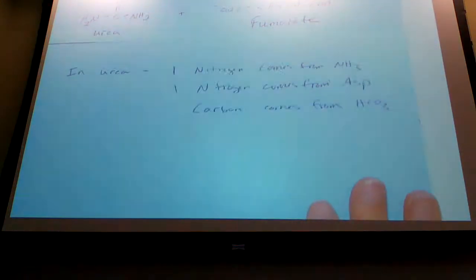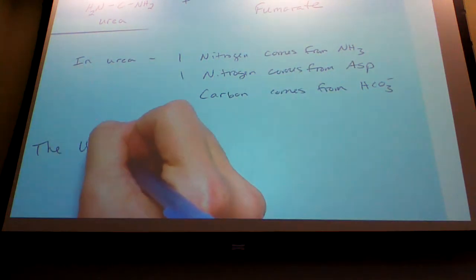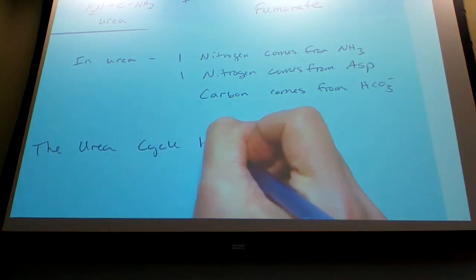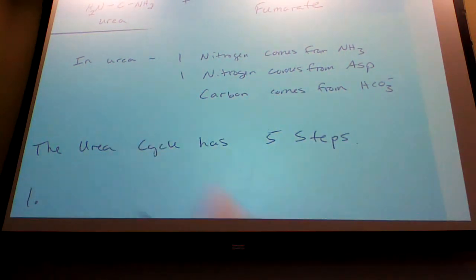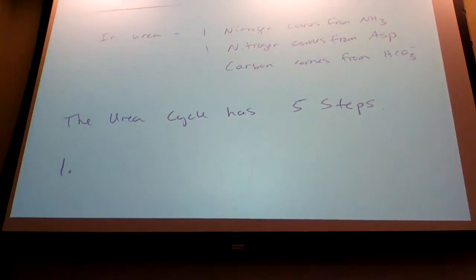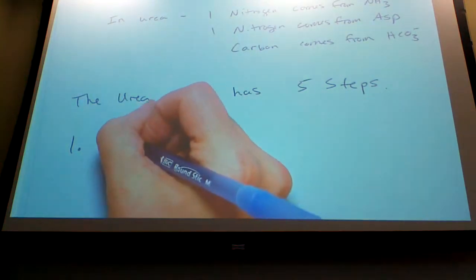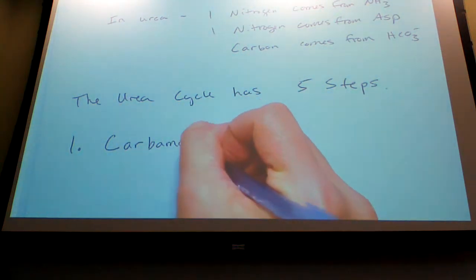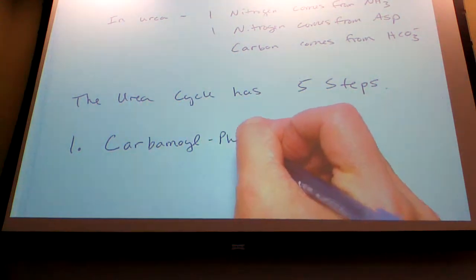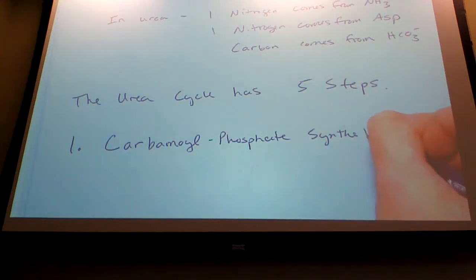So, step one. Your cycle has 5 steps. Step 1. The enzyme is carbonyl phosphate synthetase.